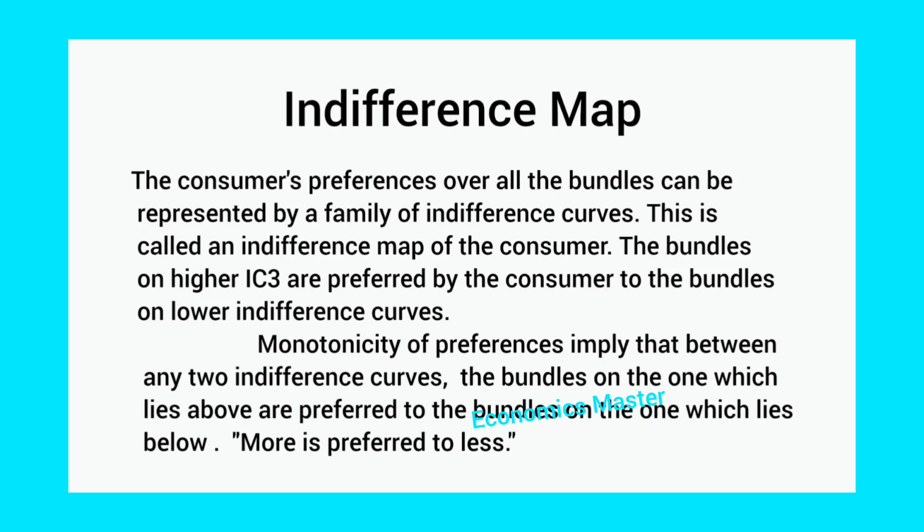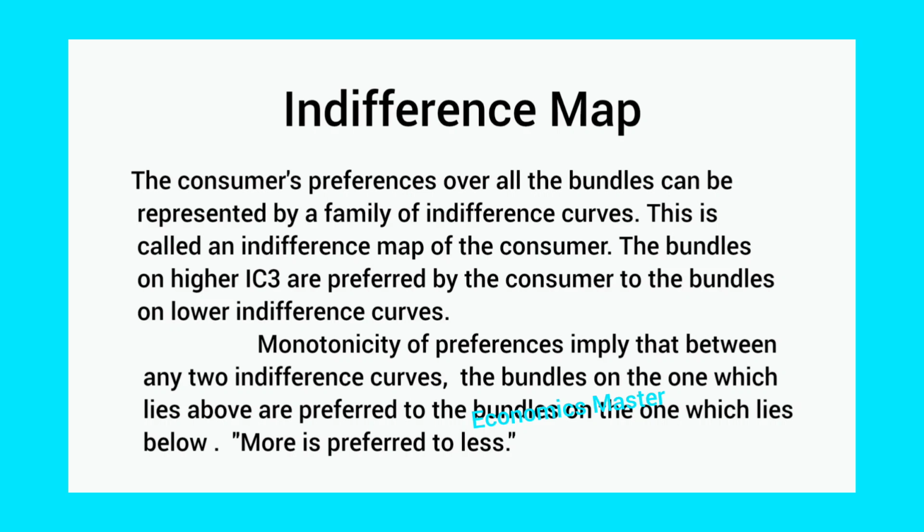Indifference map. A family of indifference curves is known as an indifference map. It shows the consumer's preferences over all the bundles. The bundles on the higher indifference curves are preferred by the consumer rather than the bundles on the lower indifference curve.